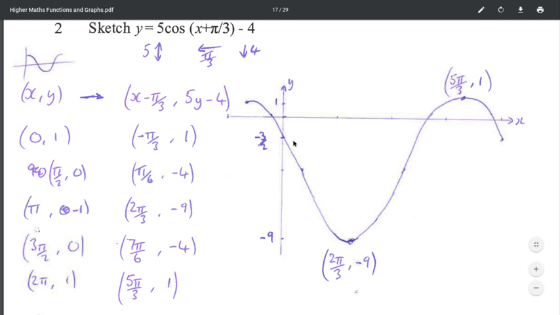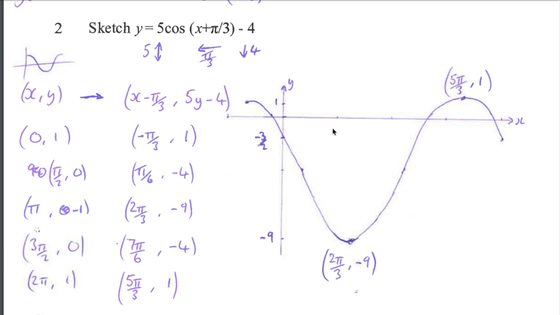Okay, so I've got the key points on. I've not marked on the x-intercepts because we've not calculated them, and we don't know how to do that yet. We'll look at that in Unit 2. But there's the curve. I've got the maximum point and the minimum point and the y-intercept, which is more than enough.